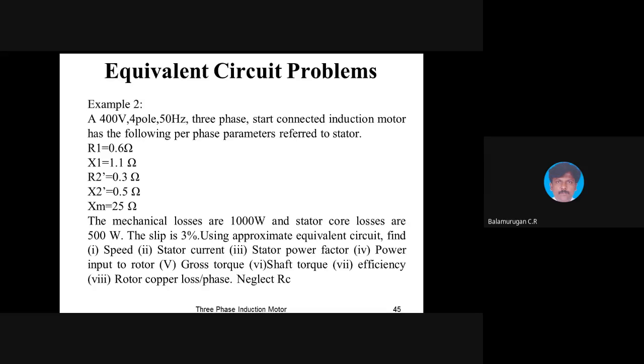Third subdivision: find the stator power factor. The stator power factor will be equal to cos phi. What is the phi value available in I1? That is cos of minus 30.5.